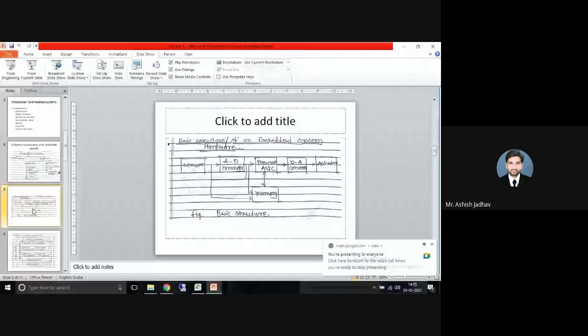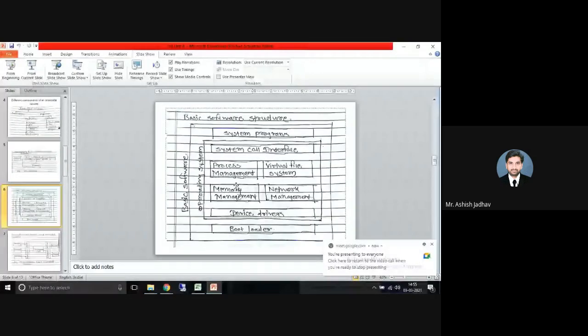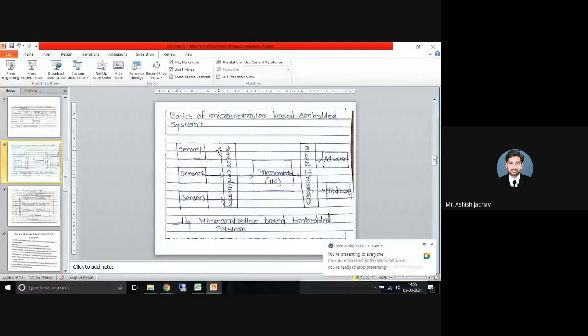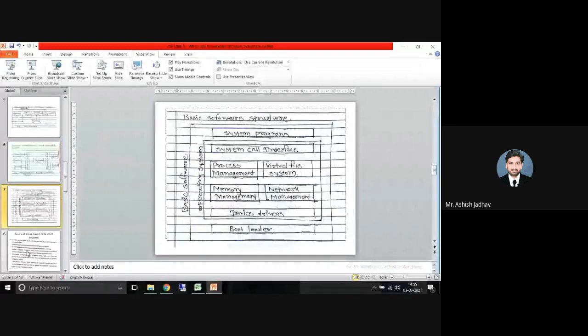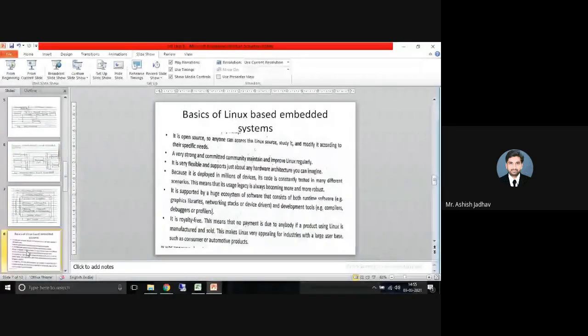Actually, I wanted to cover this one later on, so I will shift the slide. The basics of microcontroller based embedded system are done. So tomorrow in the next lecture, we will talk about software structure, then basics of Linux based embedded system, and the rest of the things we will discuss in the next lecture.